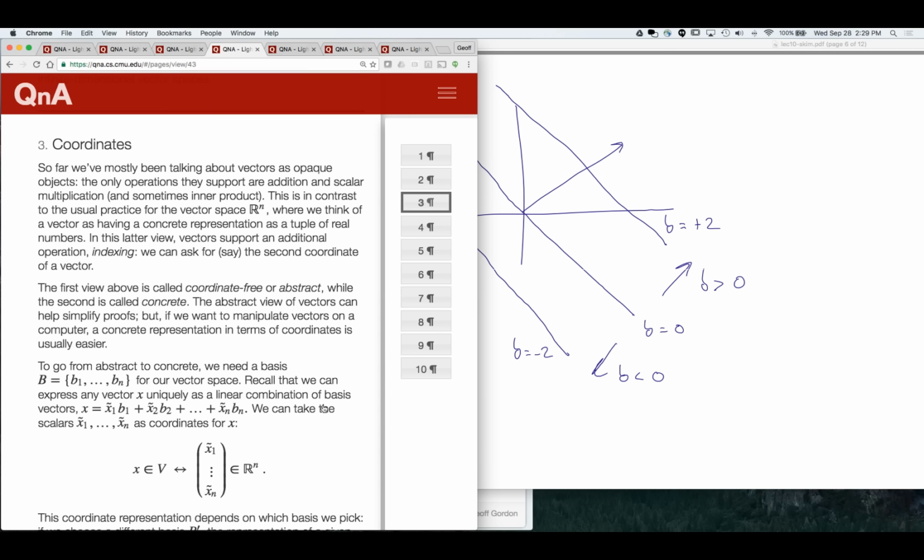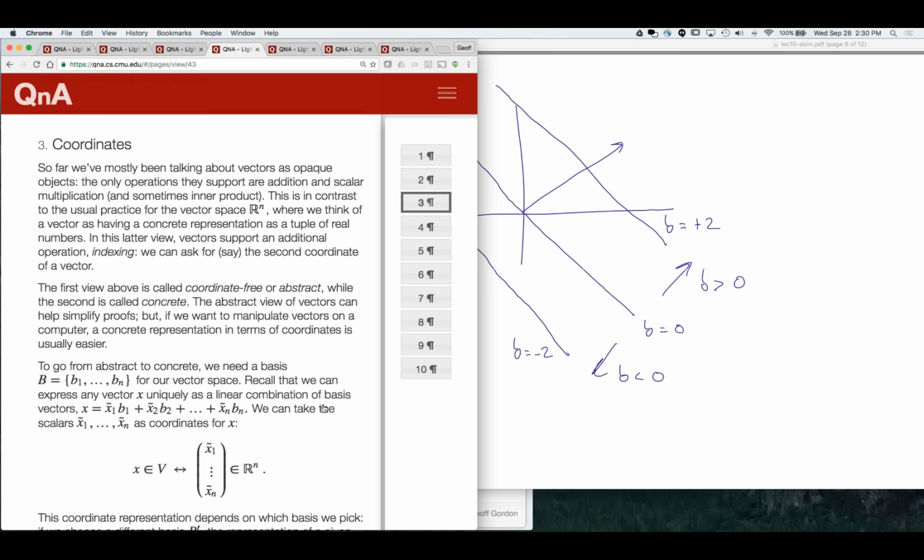Our computers are really good at storing tuples of real numbers, and they're really bad at storing anything else. And so in order to work with vectors in a general vector space, we need to represent them as tuples of real numbers. And so the problem that you're trying to solve for the exercise that's due today is exactly to come up with this coordinate representation, right?